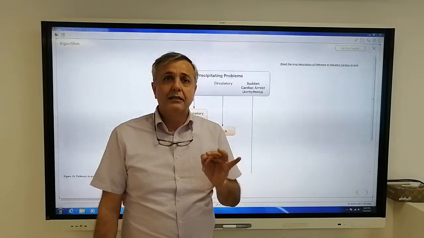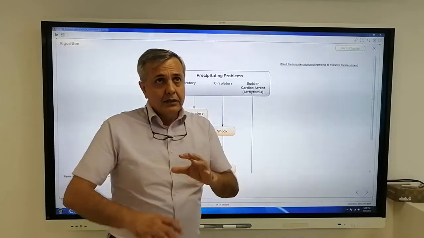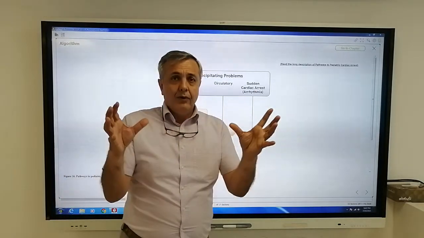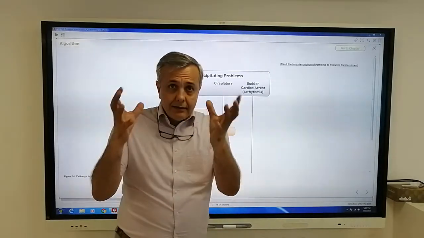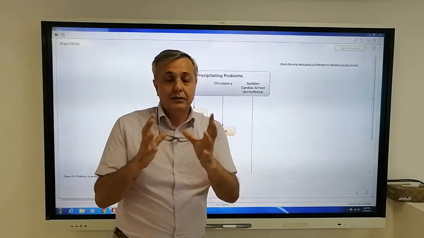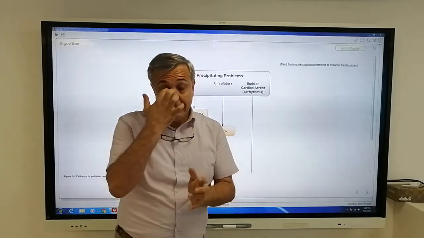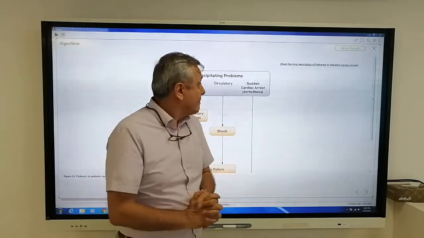And D represents disability, or nervous system assessment and management. So if you look at the whole picture, A and B represent the respiratory system, C represents the cardiovascular system, and D represents the nervous system or CNS.